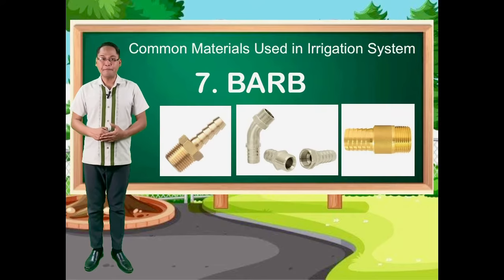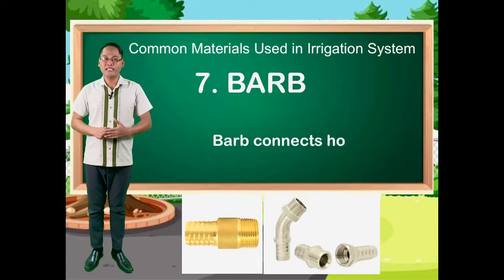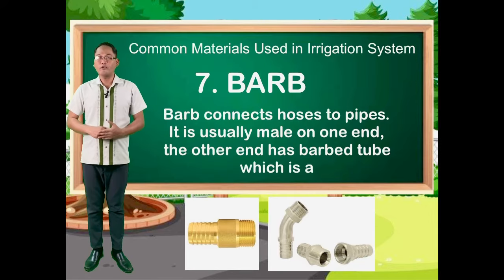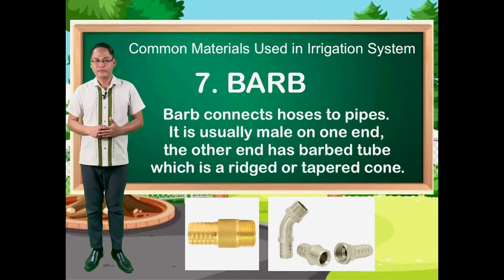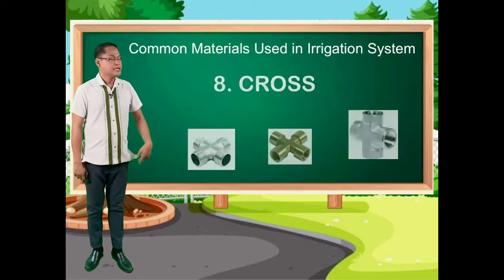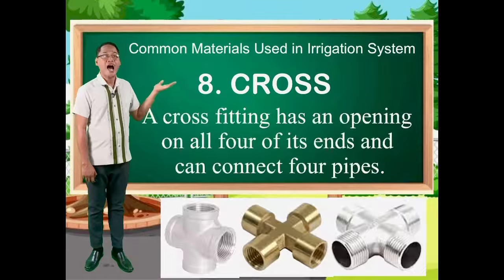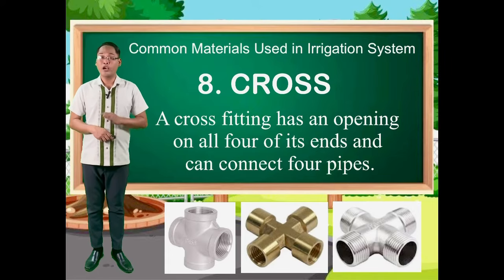The seventh example of fittings is barb. Barb connects hoses to pipes and it is usually male on one end and the other end has a barb tube, which is a rigid or tapered cone. The eighth example of fittings is cross. A cross fitting has openings on all four of its ends and can connect four pipes.